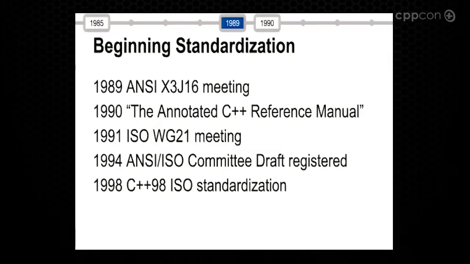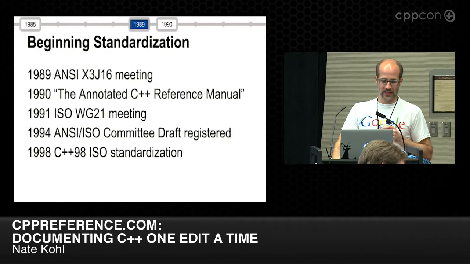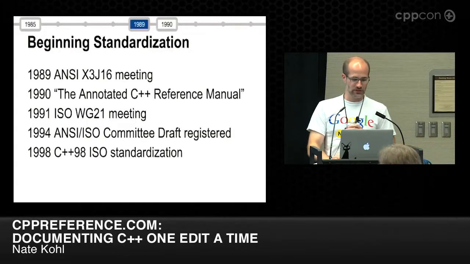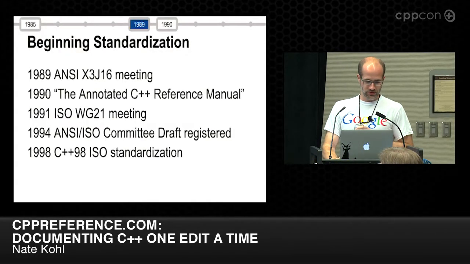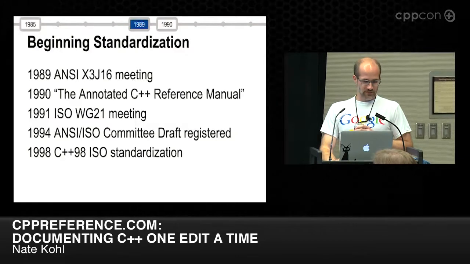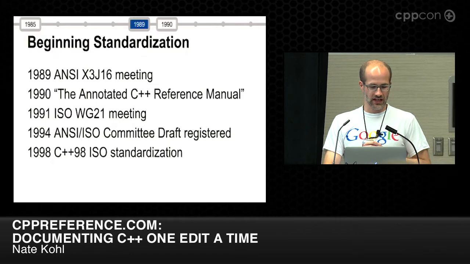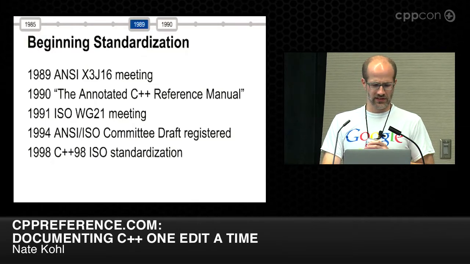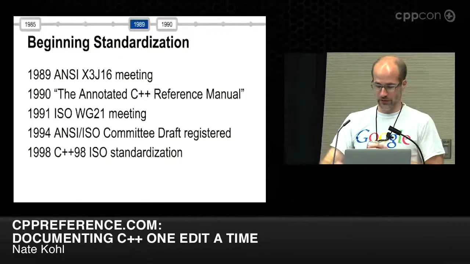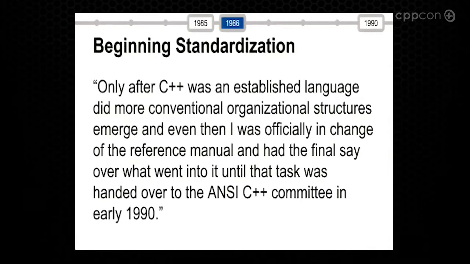I'm going to skip ahead a few years. In 1989, we started seeing some standardization efforts, because this process of describing the language became popular enough that it became actually useful to get people to define it. The first standardization was ANSI, and then it eventually went up to ISO level standardization, even though ANSI and ISO were tacked together for a lot of that time.